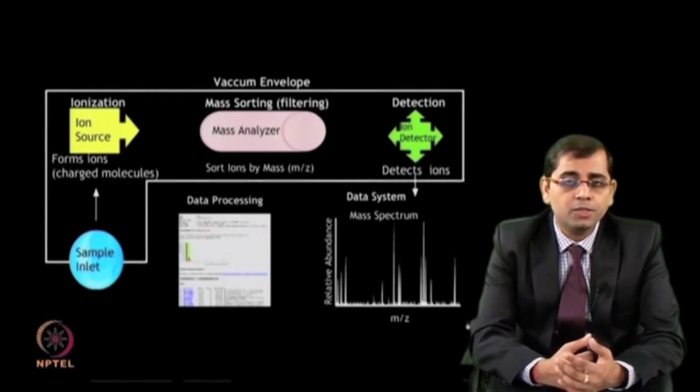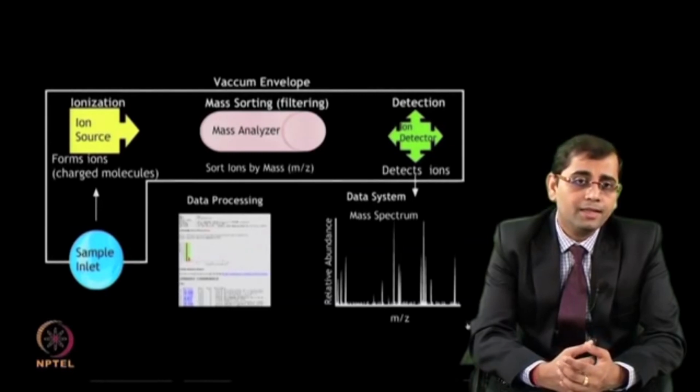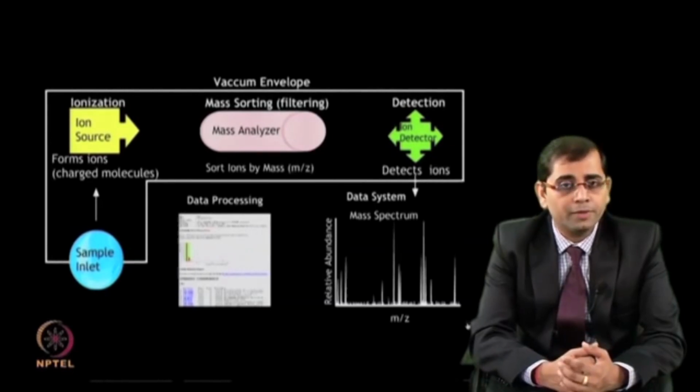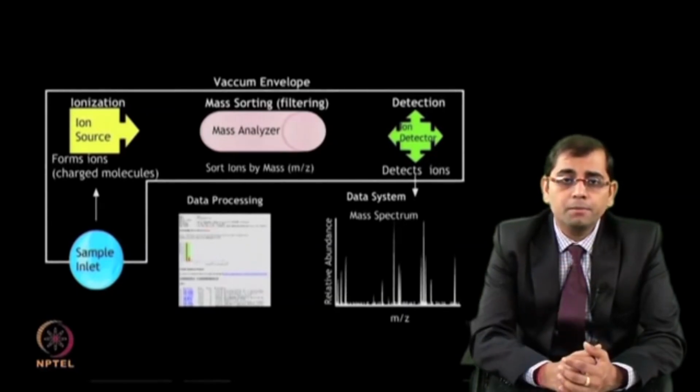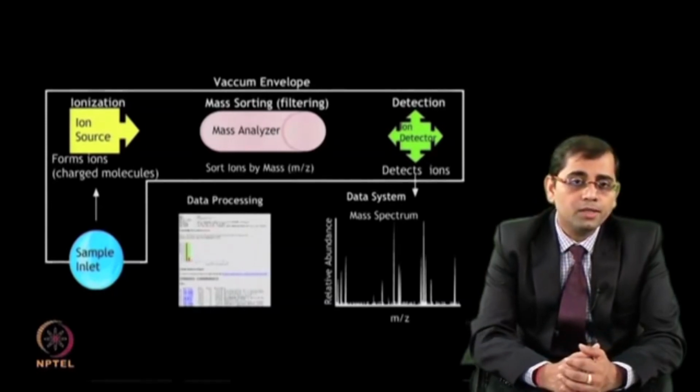There are different ionization sources and mass analyzers being used for the proteomic analysis. If you know the principle of each one of these, it becomes much easier to select which configuration to use and when for your proteomic investigations.